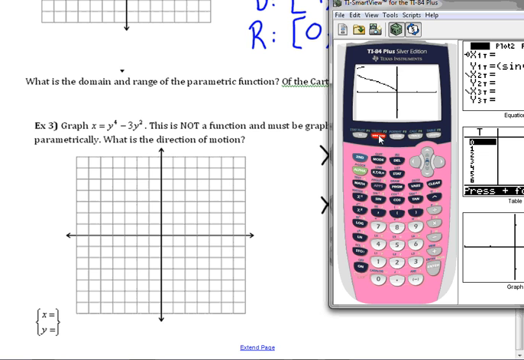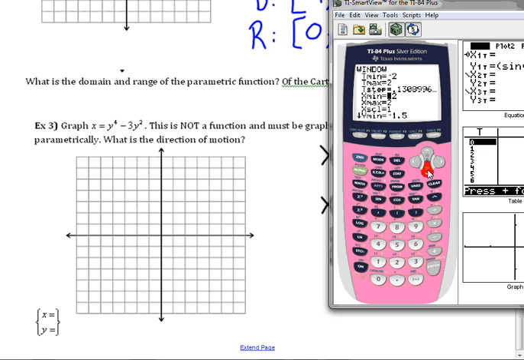Okay. Window. I don't want my t values to go that big. How about some negative values? How about negative 2? We're just going to play with it. T-step I'll leave alone and make it 0.1. Y min is negative 1. Y max is going to be bigger than 2.